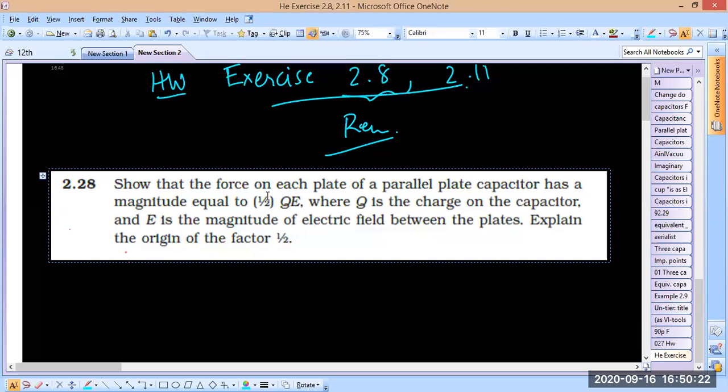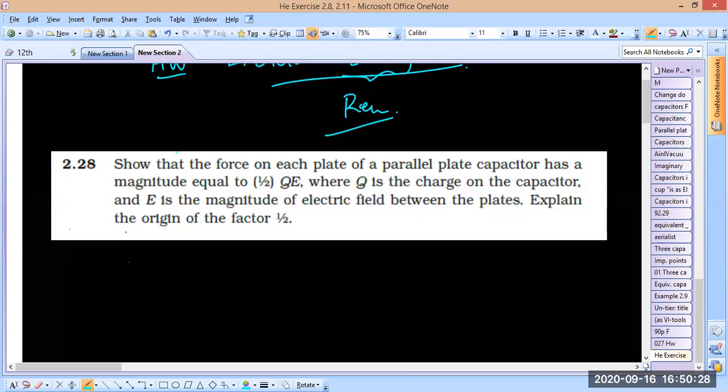But of course you have to write it a little bit, so we need to do some steps. Okay, so it says show that, meaning prove that, the force on each plate of a parallel plate capacitor has a magnitude equal to 1 by 2 QE, where Q is the charge on the capacitor and E is the magnitude of electric field. All right.